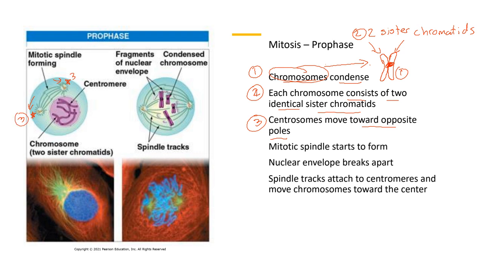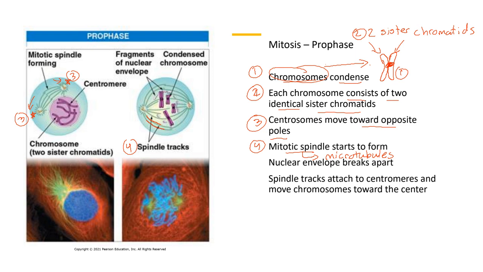The mitotic spindle, these are going to be kind of ropes of something called microtubules. Okay, and that's going to start to form. And the mitotic spindle, also known as spindle tracts, is going to be over here, pointing to these things over here. All of this rope type of thing is going to guide the chromosomes into moving from one place to another.